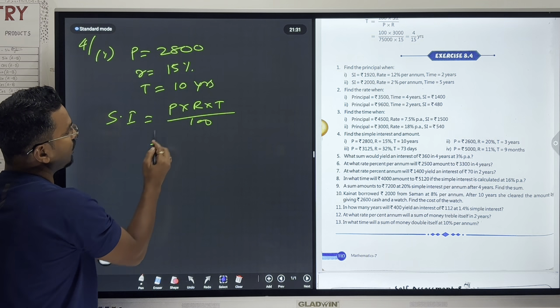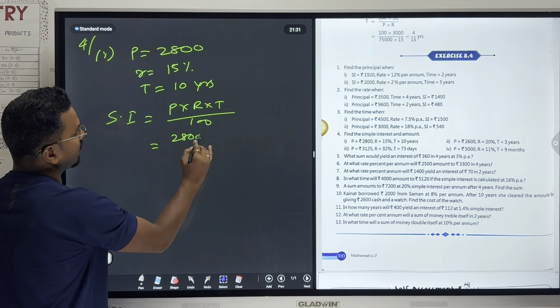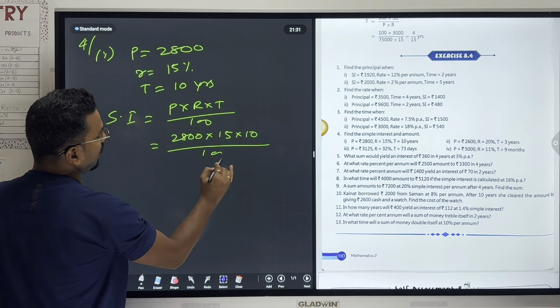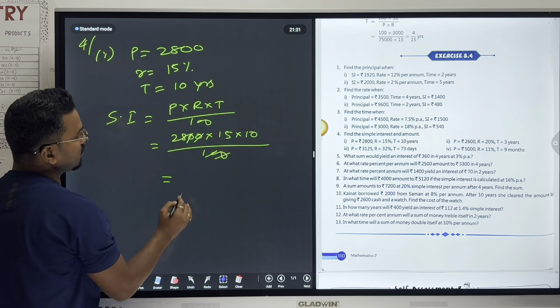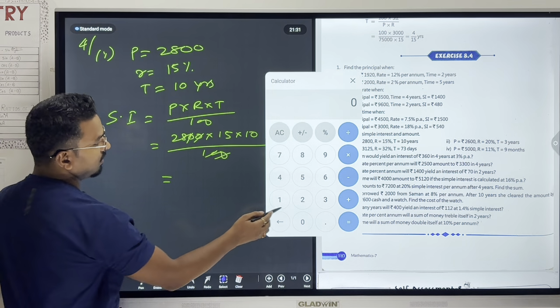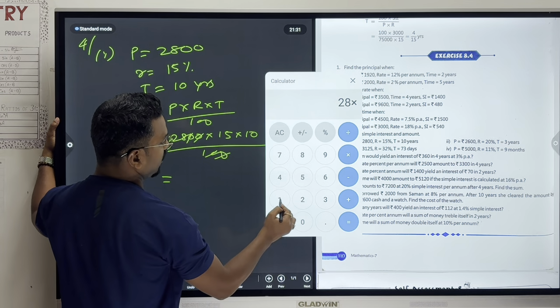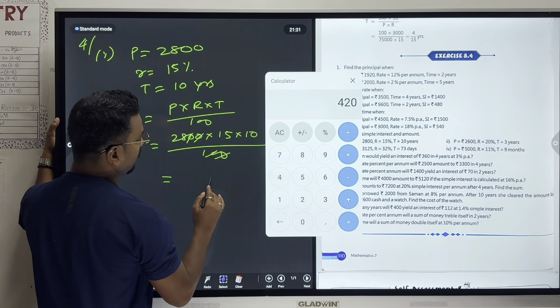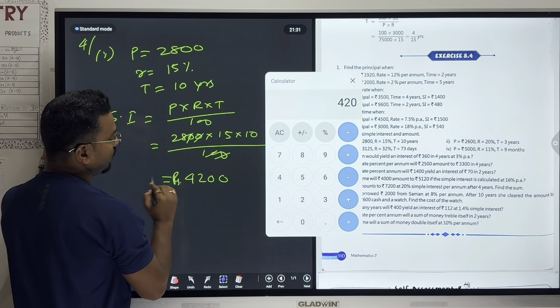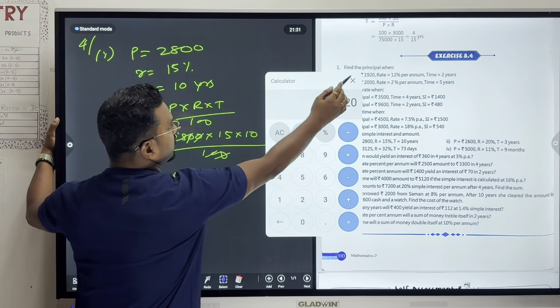Principal 2800 multiplied by 15 multiplied by 10 divided by 100. Two zeros will get cancelled. 28 multiplied by 15 is 420, and into 10 you will get 4200 rupees as interest.